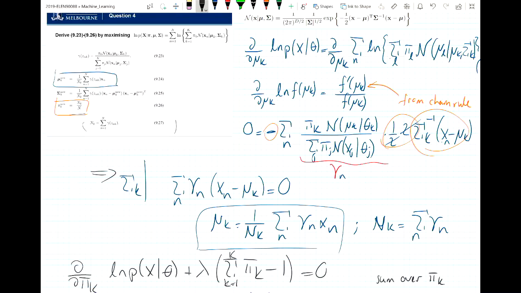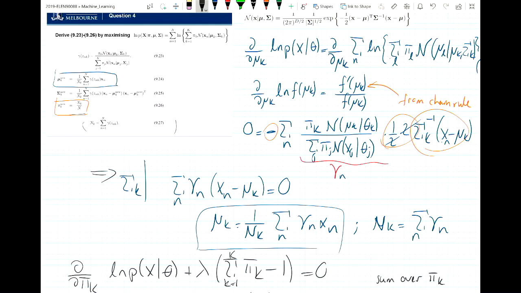So taking the derivative with respect to each of the parameters, mu and pi and sigma, the mixing vector, the individual means of the Gaussian components, and then the covariance matrices of the Gaussian components. This is the multivariate case. That's why it's complicated. But you can imagine you can also do the single variate case.